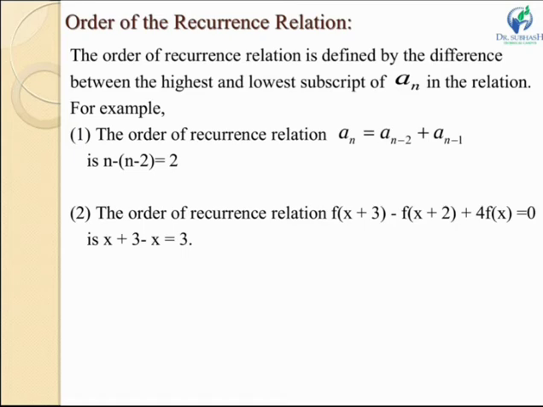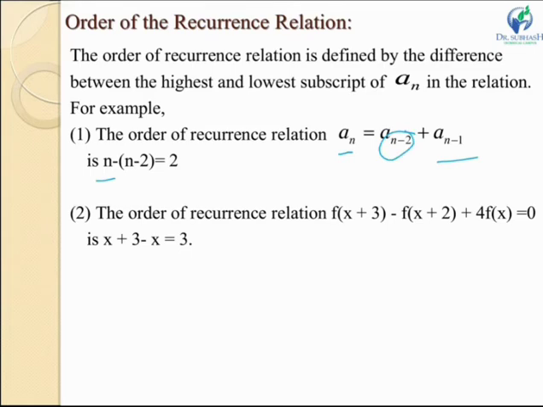The order of recurrence relation is defined by the difference between the highest and the lowest subscript of an in the relation. For example, if I take an equal to an minus 2 plus an minus 1, here the highest subscript is n and the lowest subscript is n minus 2.